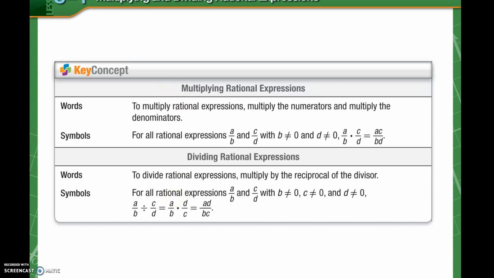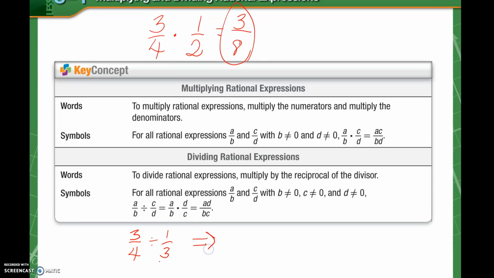Remember when we're multiplying fractions, if I had 3/4 times 1/2, you multiply your numerator and you multiply your denominator, which is the exact same thing we're going to do here with these expressions. And then dividing, when we had 3/4 divided by 1/3, it would be the same as multiplying by the reciprocal, so 3/4 times 3/1. These are our rules of multiplying and dividing fractions. We'll use those with rational expressions.